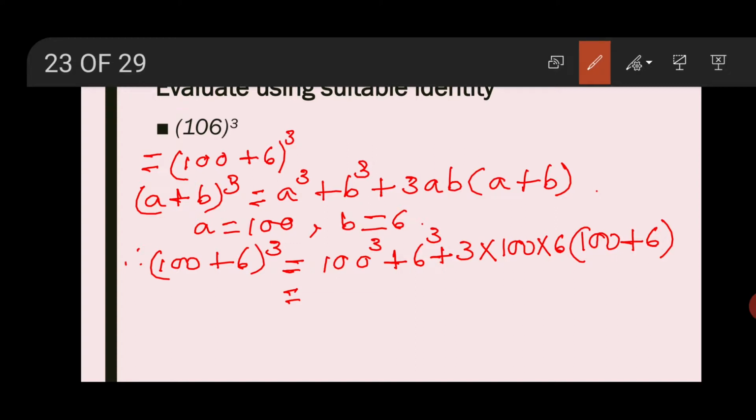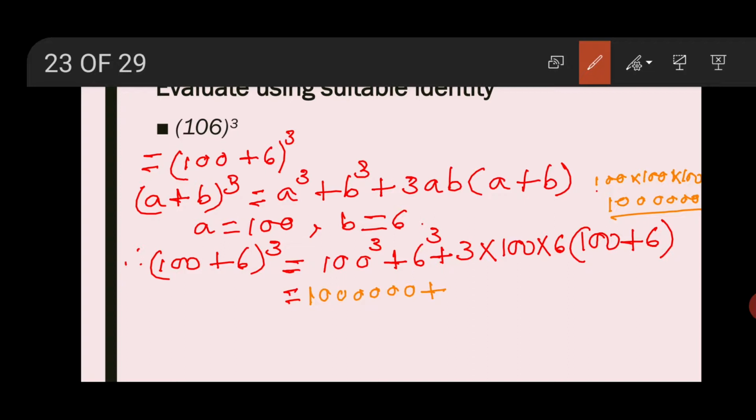100 cube means 100 into 100 into 100. 100 into 100 is how many zeros? 1 followed by 6 zeros, that is 1000000.